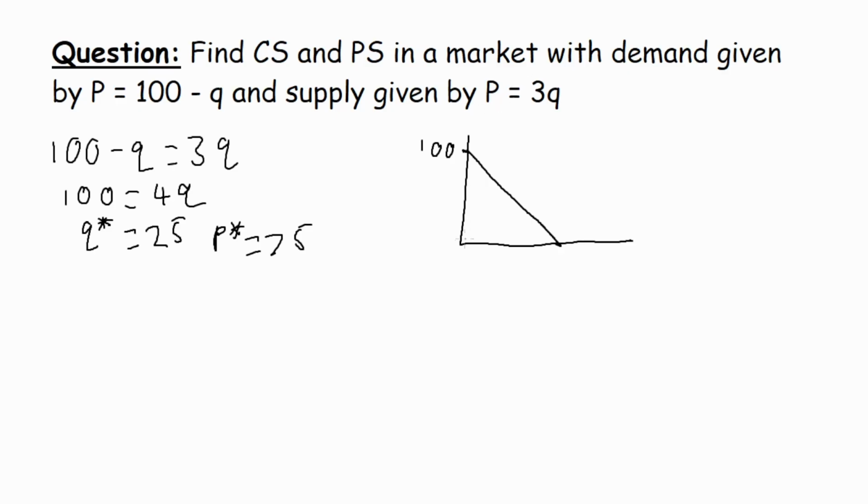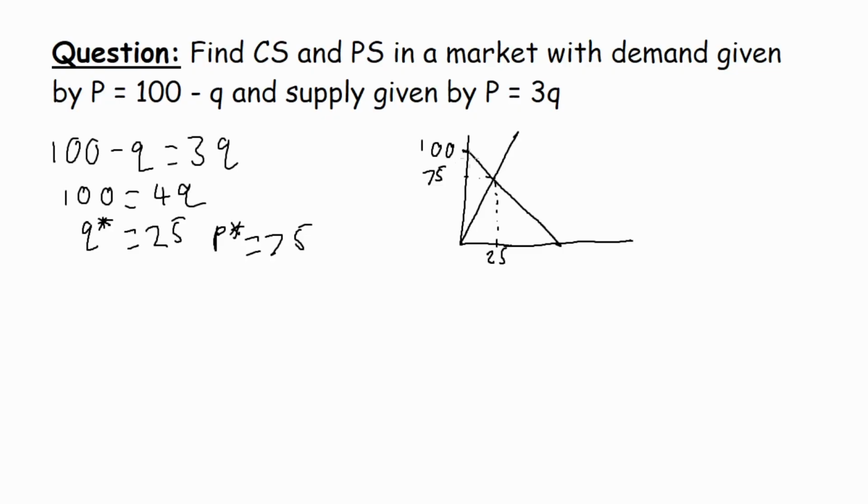For the supply curve, we know it starts at 0 and goes up a bit more sharply with a gradient of 3, so it'll look something like that. And then we know this value is 75, the equilibrium price, and equilibrium quantity 25.